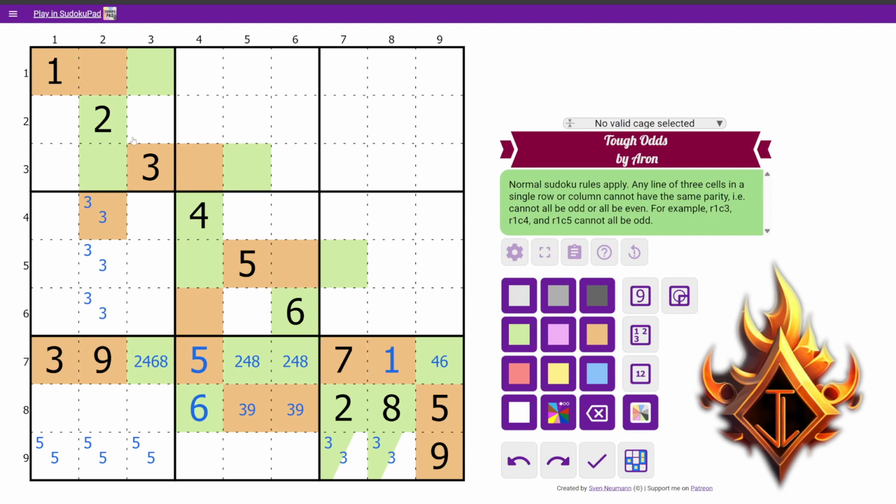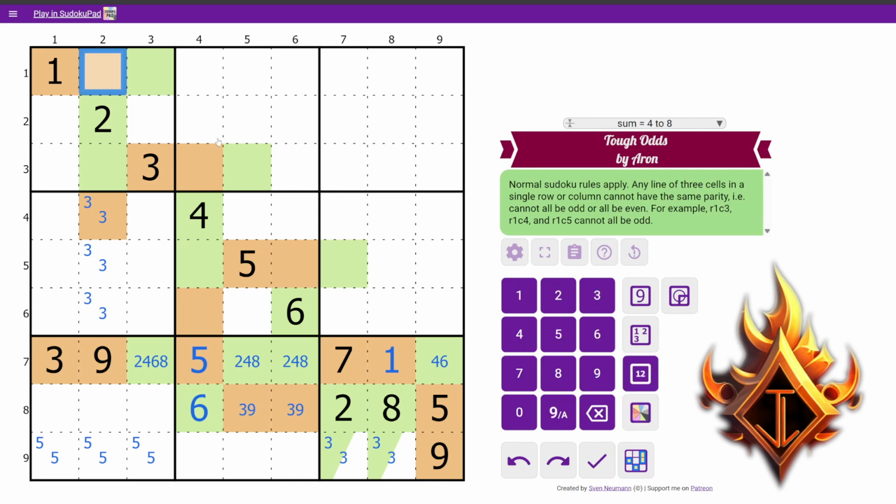This is an interesting puzzle. This is 5 or 7.